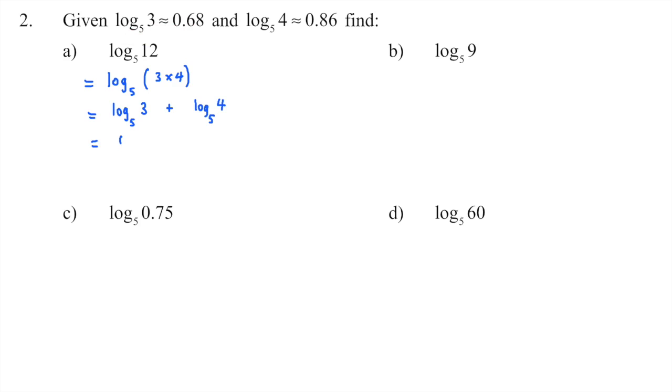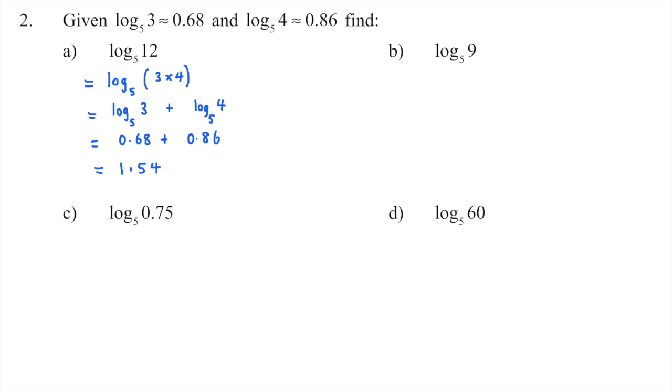So it's about 0.68 plus the log to base 5 of 4, which is 0.86. If I add those two together, I'm going to get 1.54. So that's the process that we're going to follow.